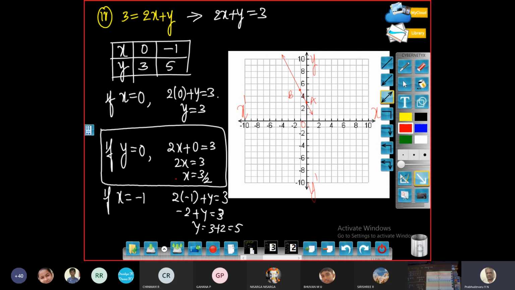You can call this equation 2x plus y is equal to 3. You can extend both the sides to any length.